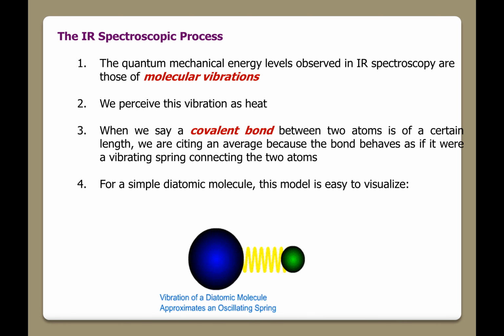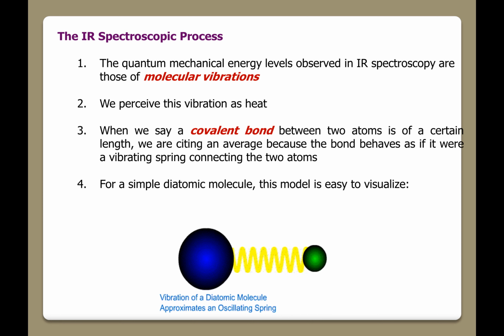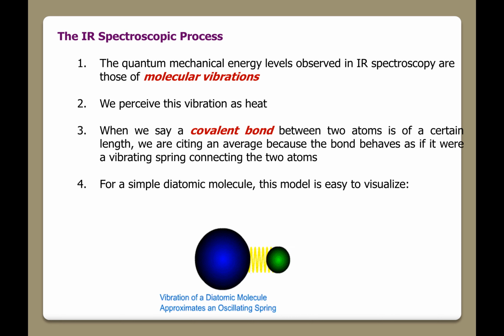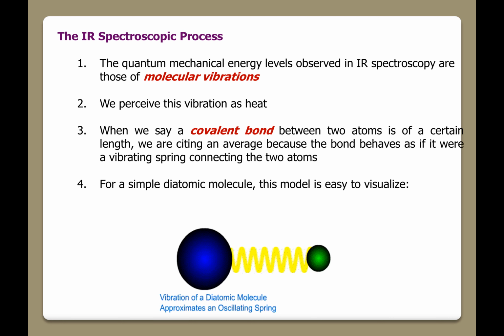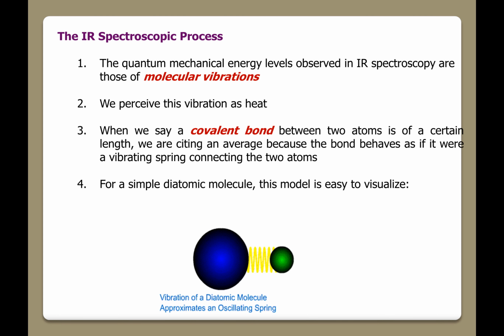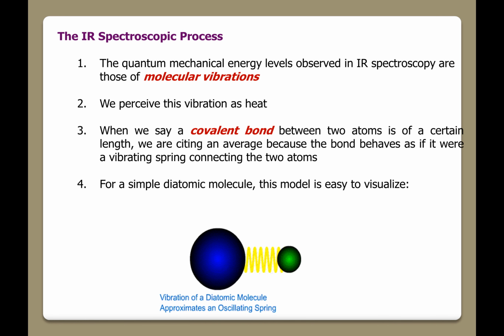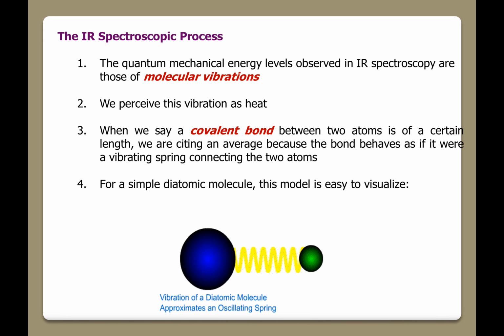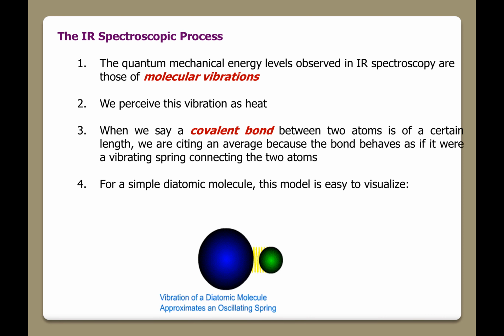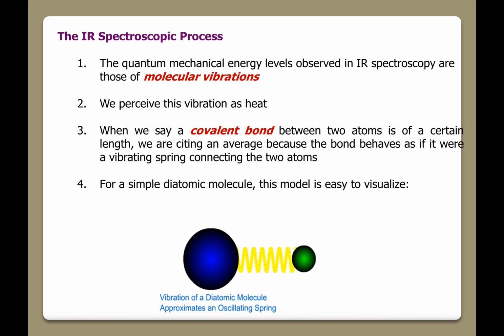When we say a covalent bond between two atoms is of a certain length, we are citing an average, because the bond behaves as if it were a vibrating spring. So when we say the bond length is 1.33 Angstroms, it is many times a calculation of the average, because sometimes it may stretch to 1.45 and sometimes it may compress to 1.3.